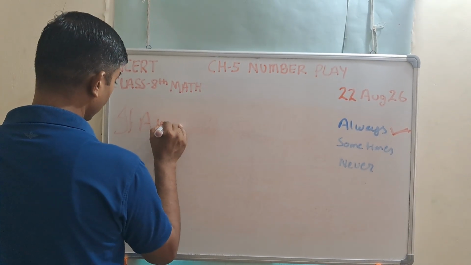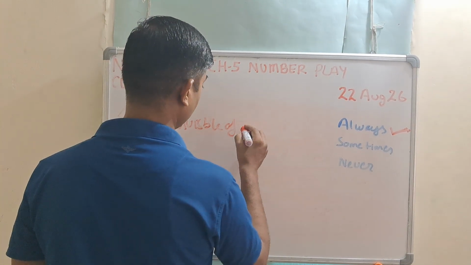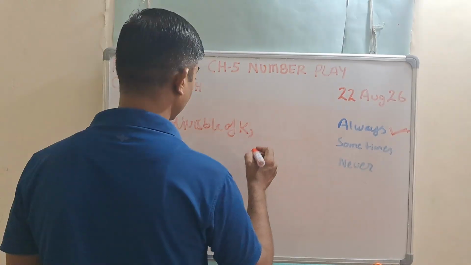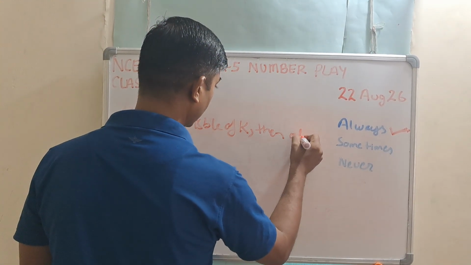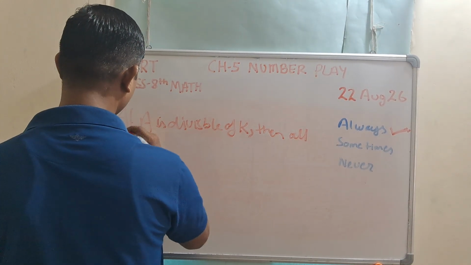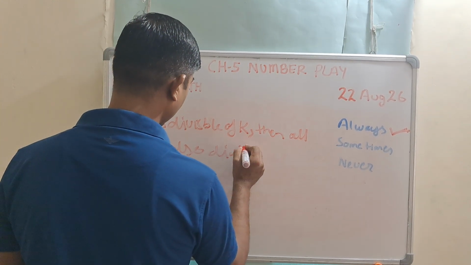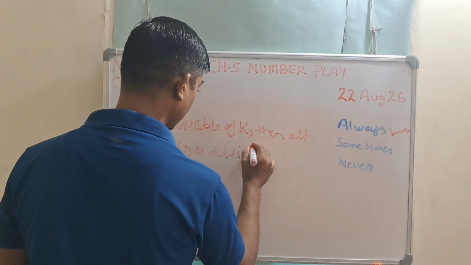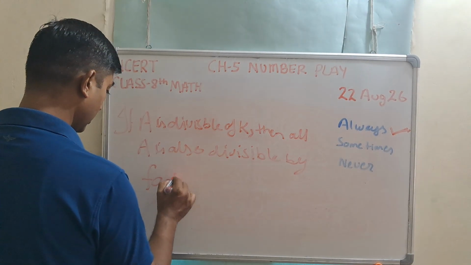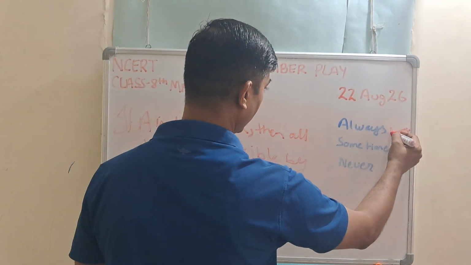If A is divisible by K, understood, then A is also divisible by all the factors of K. Understood? And this statement is always true.